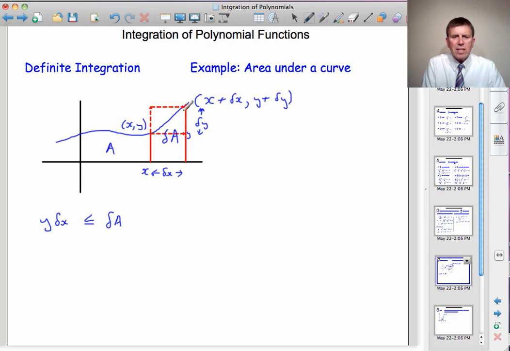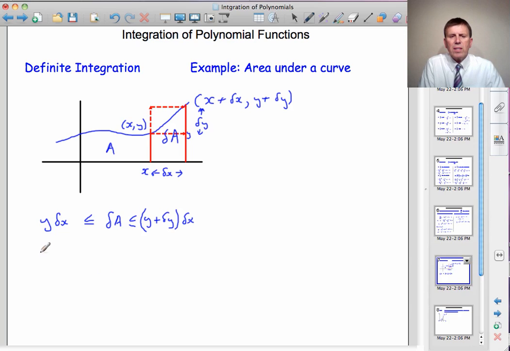But this area is less than the area of this large rectangle here. Now this is delta x wide, but the height is now the y coordinate of this point, which is y plus delta y. So delta A is less than or equal to y plus delta y, multiplied by delta x.